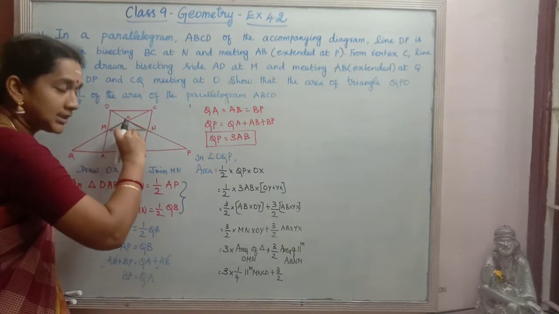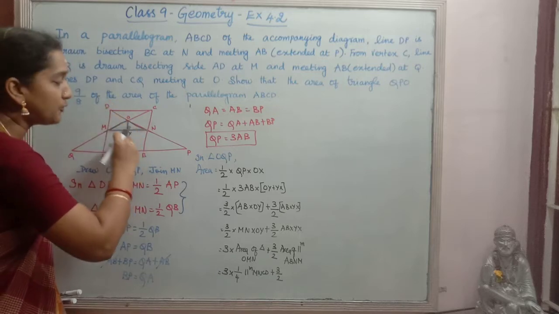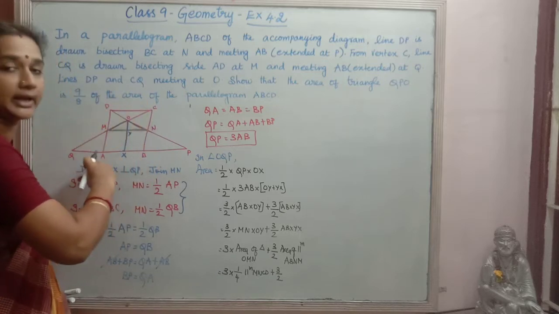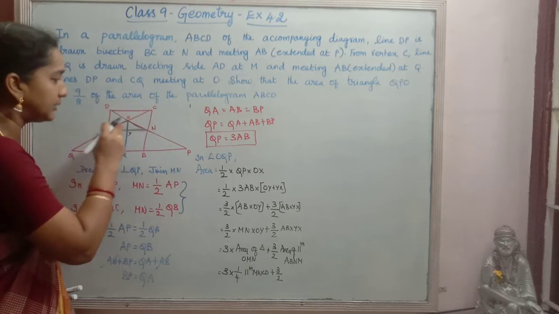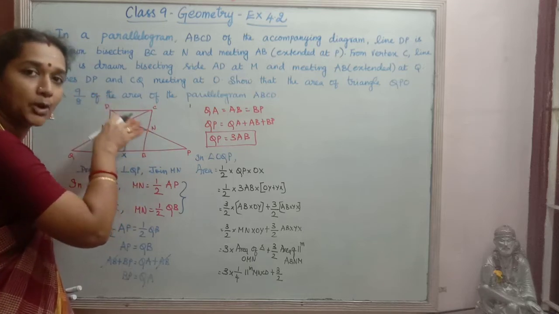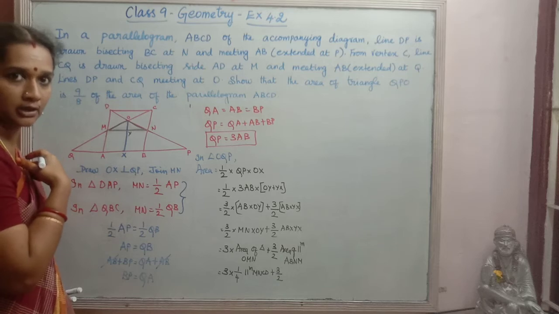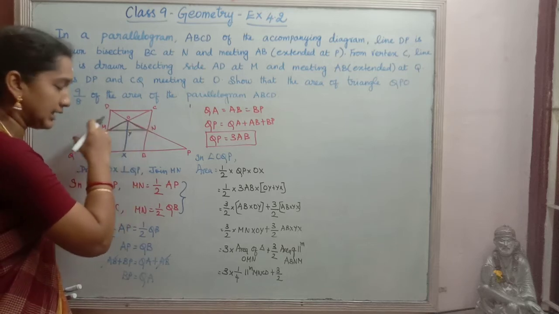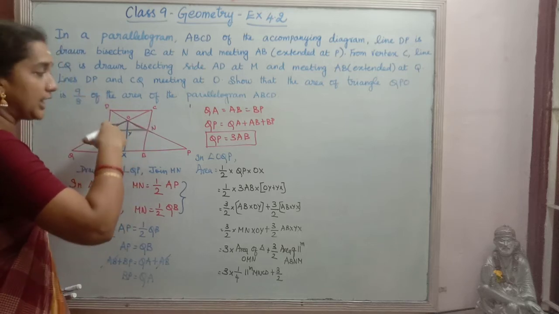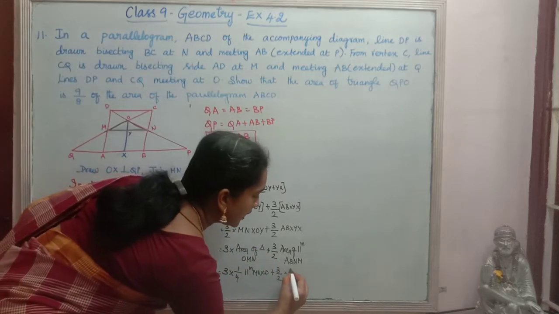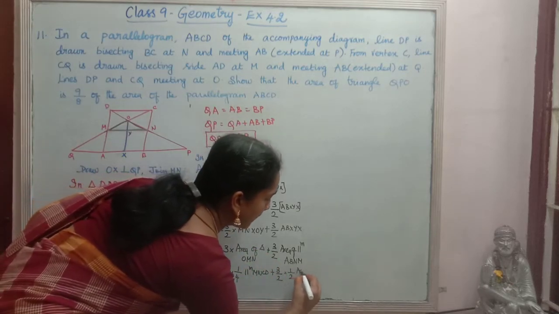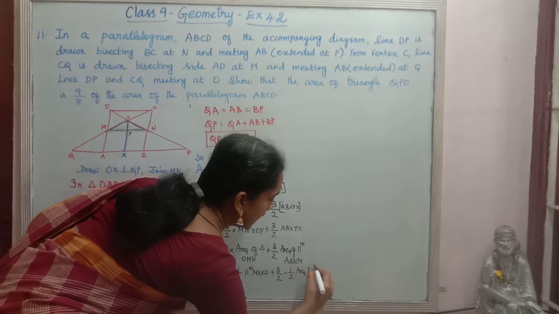This is nothing but half the area of the parallelogram ABCD. We have ABCD as a full parallelogram, and M and N are the midpoints of two sides of the parallelogram. So ABNM is half the area of the parallelogram ABCD, so 3 by 2 into half the area of parallelogram ABCD.